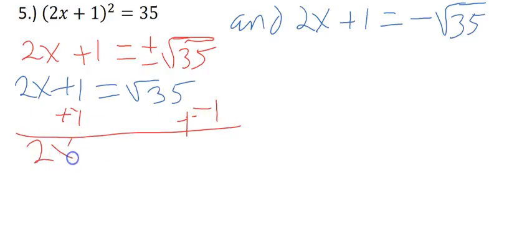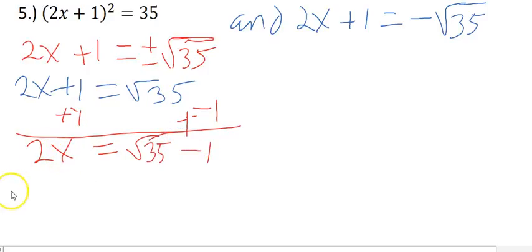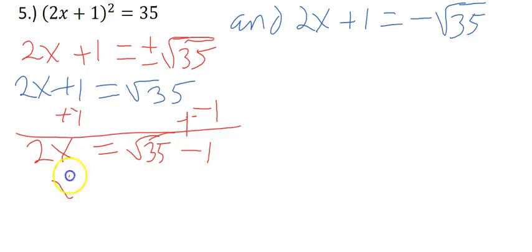So 2x equals square root of 35 minus 1. Then we divide both sides by 2. X equals square root of 35 minus 1 over 2.